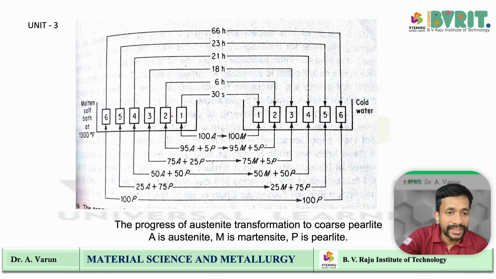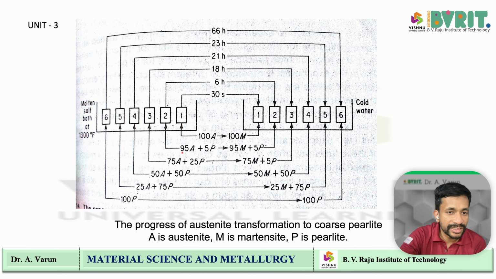So let us take the other specimen, this one. There we hold it for 6 hours before cooling it, at that subcritical temperature, 623 degrees centigrade, which is below 723. Since it is 6 hours, it has transformed 5% to pearlite.